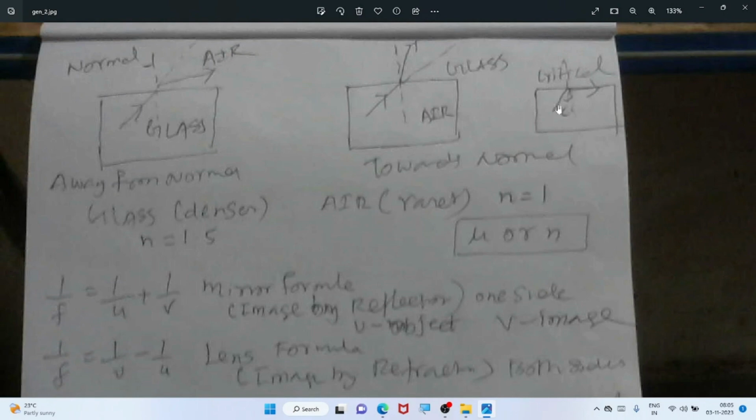So when you increase this incident angle, at some angle the angle of refraction is 90 degrees. That angle is called the critical angle. The refractive index of glass is around 1.5. Air is 1. For refractive index, they use the symbol n or mu.